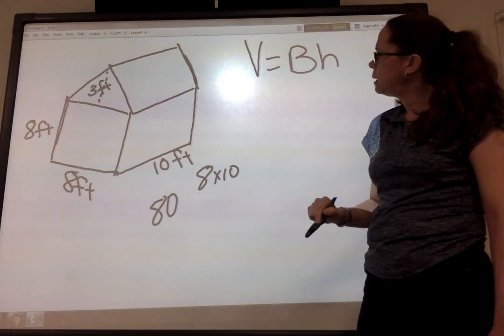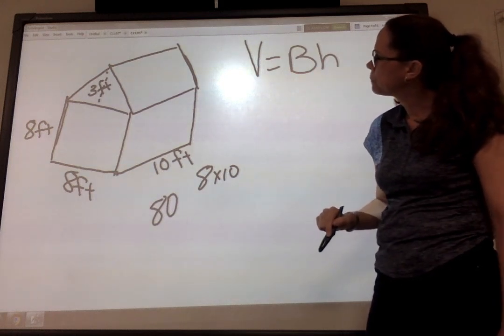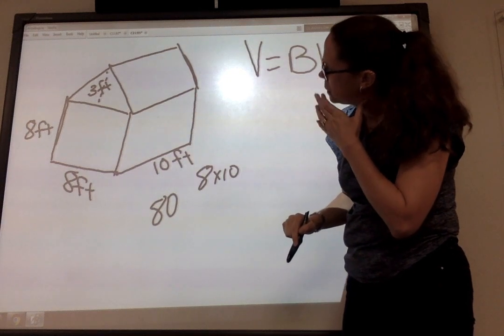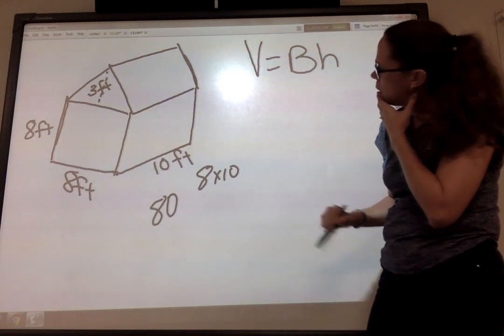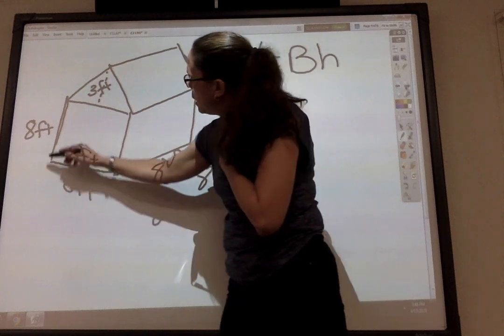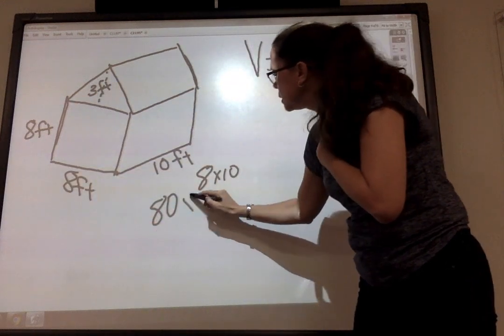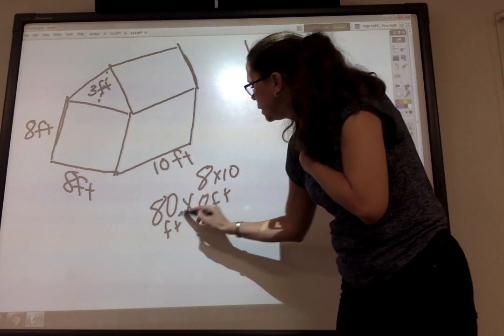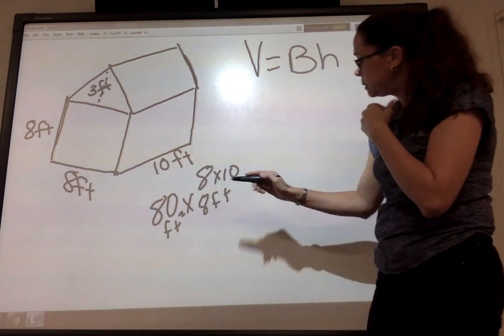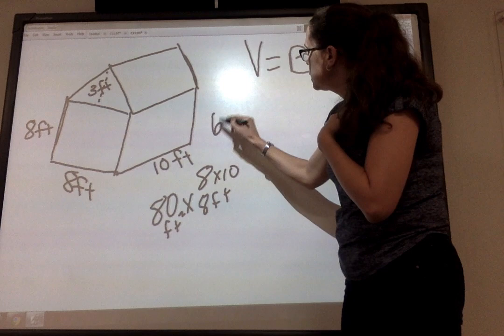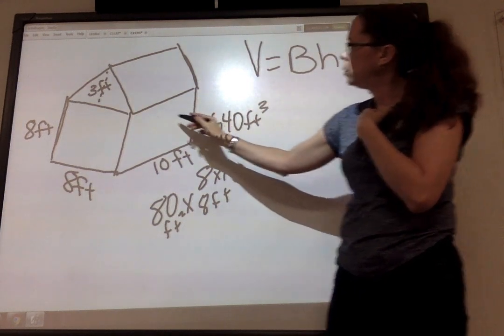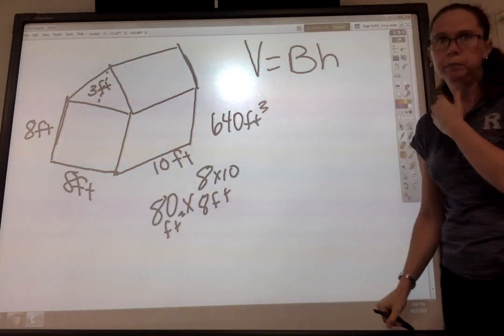And then the height of my figure was 8 feet. So this is 80 feet squared times another 8 feet. 8 times 8 is 64. So that's 640 feet cubed for this rectangular part.